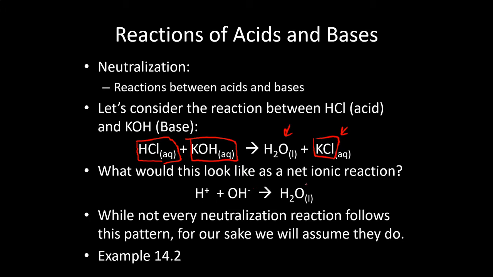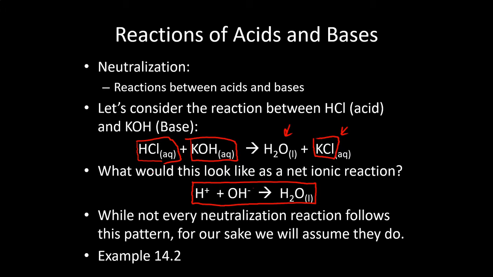And so the net ionic equation, if you remember that from earlier, I forget which chapter it was where we talked about net ionic reactions versus complete versus just normal chemical equations. The net ionic equation here is just H plus plus OH minus gives us water.